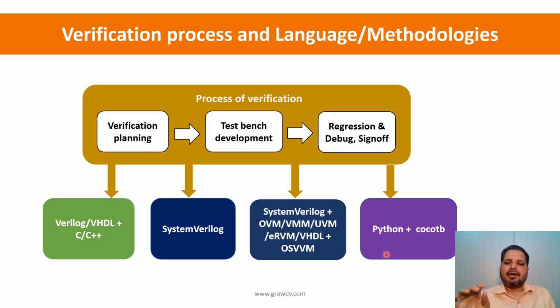The language and methodology don't completely change it, but the process of verification can be tuned to exploit the strengths present in the language and the methodology to better achieve the objectives for which you have chosen them. So I hope that point is clarified.